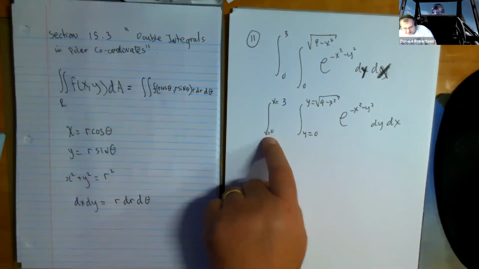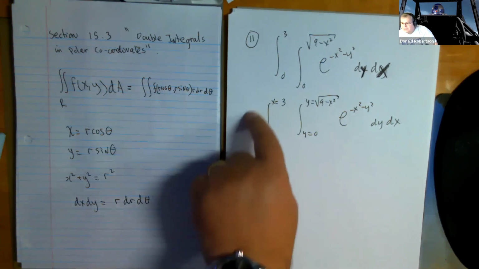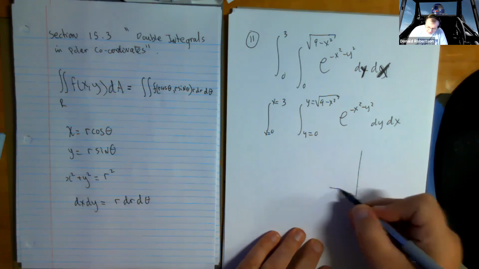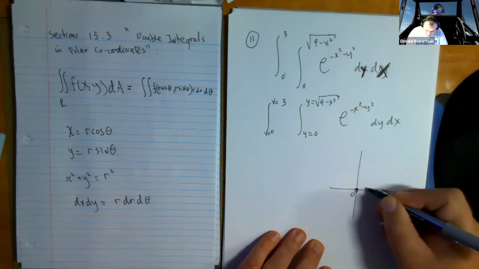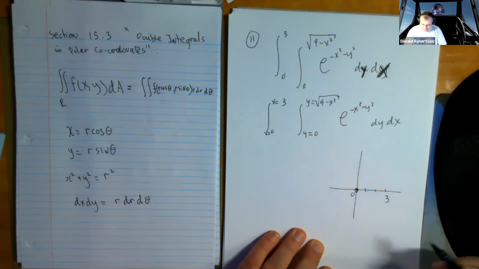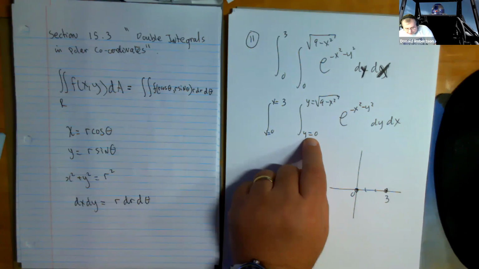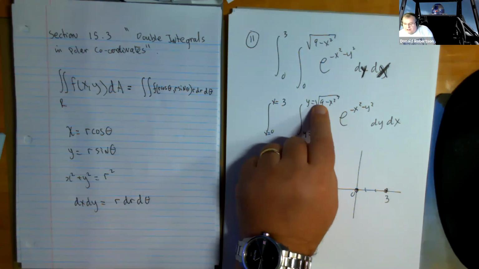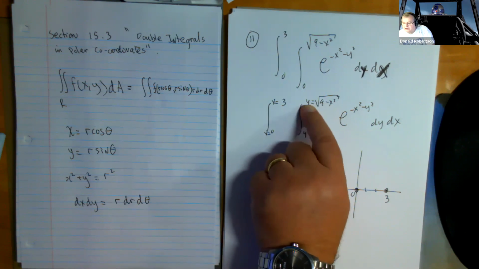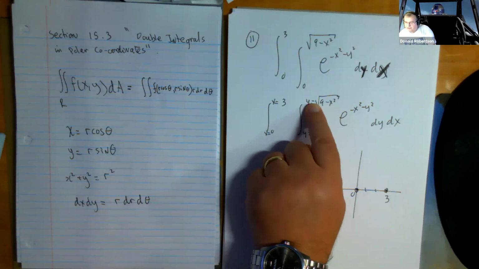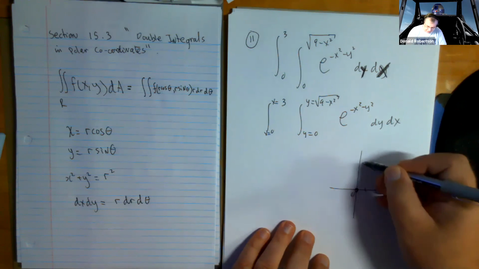These limits of integration are describing D. So let's see if I can draw what that looks like. x is going to go from 0 to 3. y is going to go from 0 to this guy. Do you recognize that this guy is actually a circle if you rearrange it? Is it a circle x squared plus y squared is 9? So isn't it that guy?